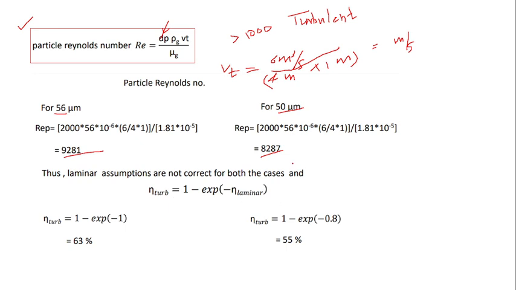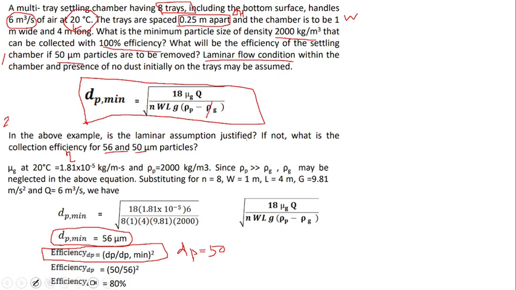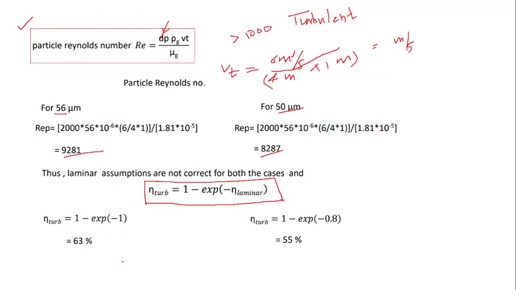So to calculate the efficiency in the turbulent regime, the formula is: the turbulent efficiency is equal to 1 minus exponential of minus the laminar efficiency. We now know the efficiency of the particle when we assumed the laminar flow condition, right? It is 80 percentage for 50 micron particles, and it is 100 percentage for 56 micron particles.